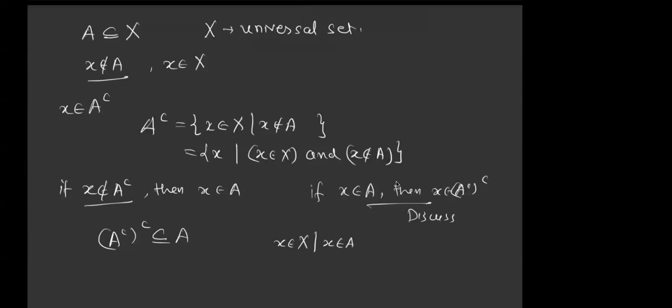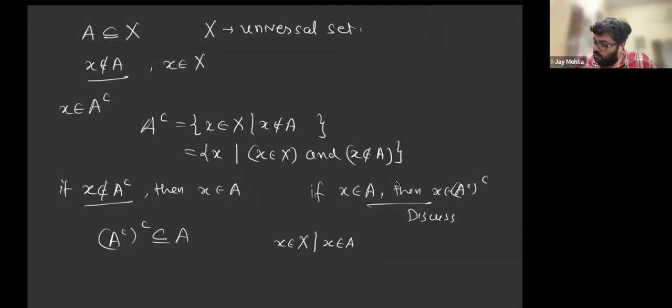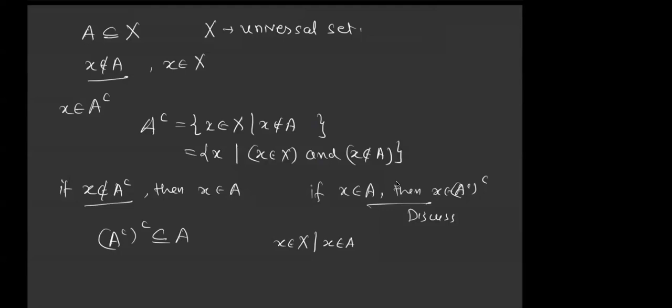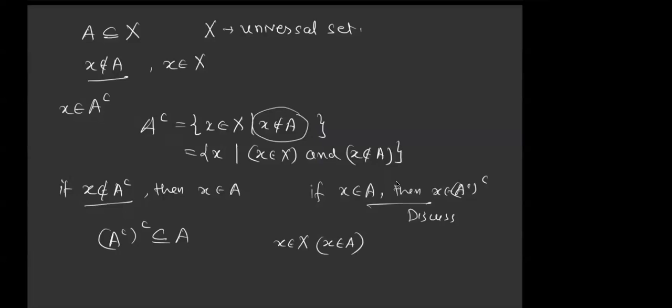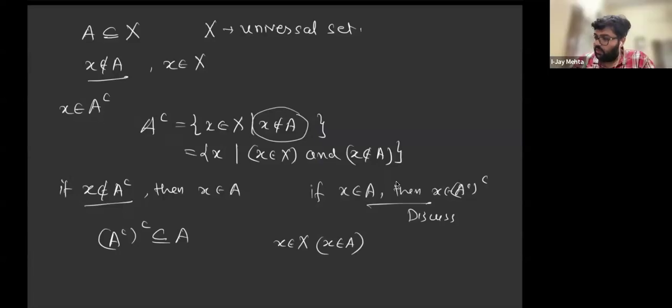The same as A, A complement complement, which is A. X does not belong to A complement, meaning the negation of this. So X belongs to A. Is it correct? Yes, the statement is correct. So in fact, we have equality, right?